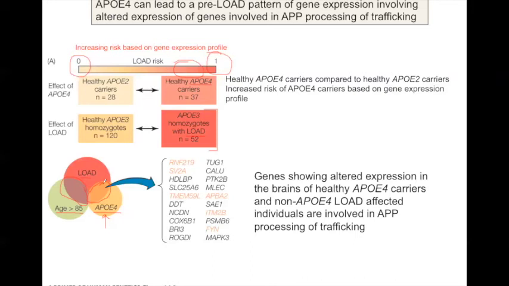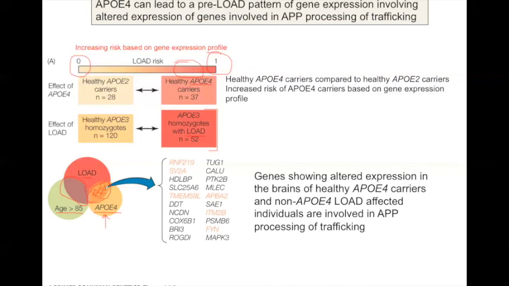So in other words, the brains of individuals with late onset Alzheimer's disease show changes in patterns of gene expression which are firstly correlated with the aging process, and secondly correlated with the actual pathology of the disease. And it is here that they intersect with carriers of the ApoE4 allele.